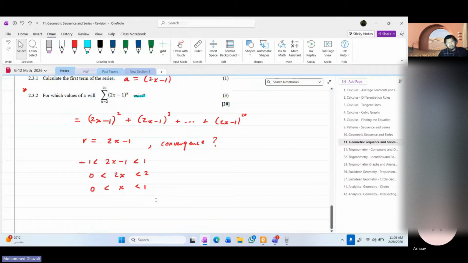Okay, let's see. Let me try summing up this. There are 19 terms here, so S19 is equal to what's the formula? You have to try out different techniques because I still don't have any restrictions for x because they want values of x when this here will exist.